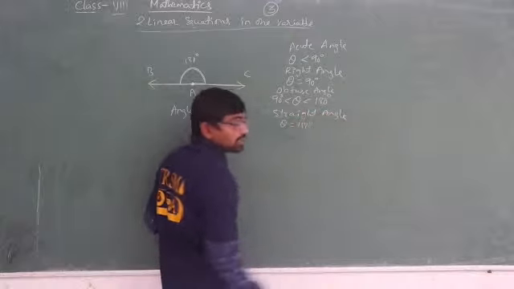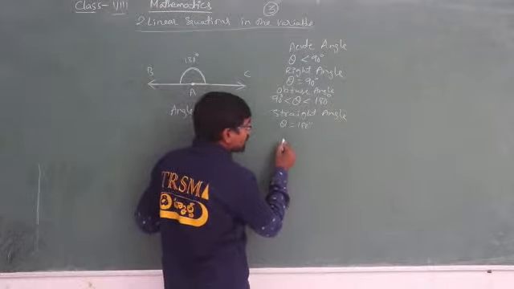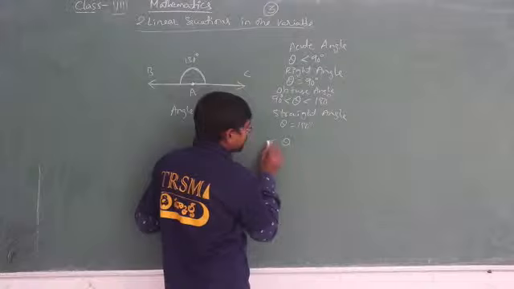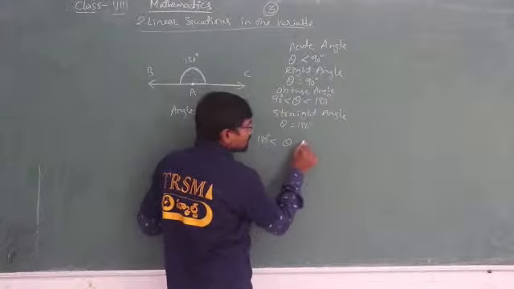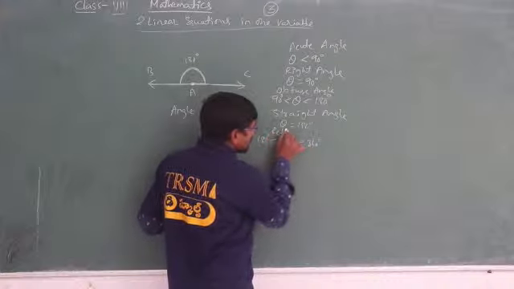And whenever theta is greater than 180 and less than 360 degree, then it is called a reflex angle.